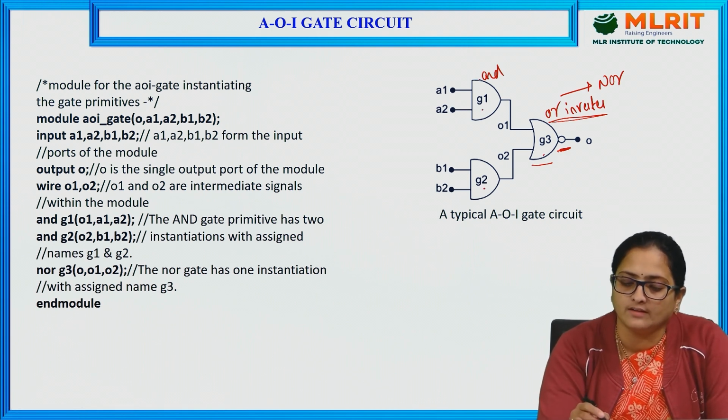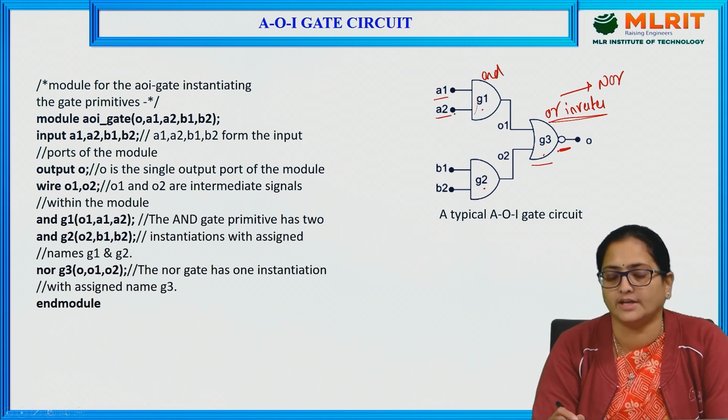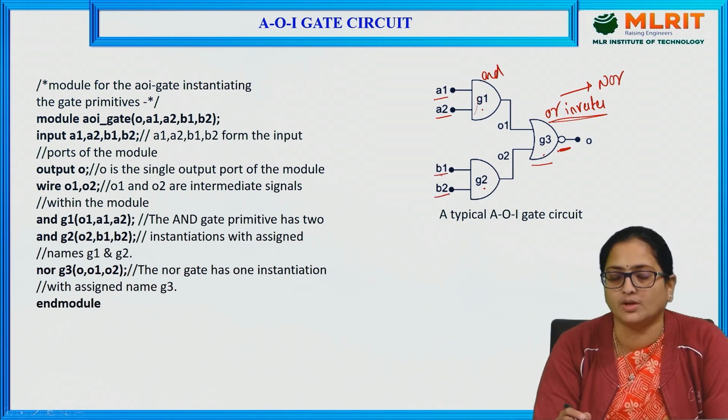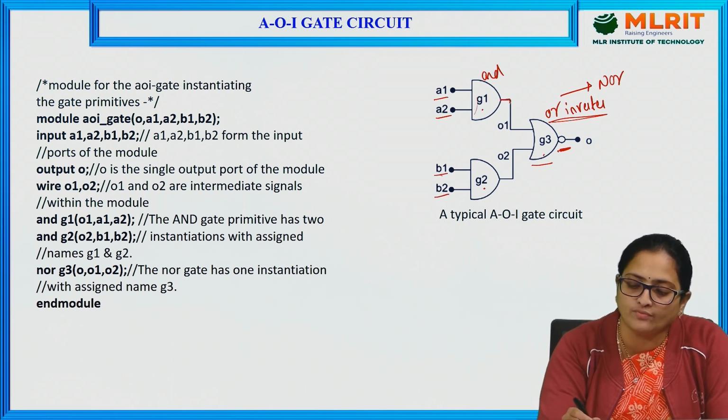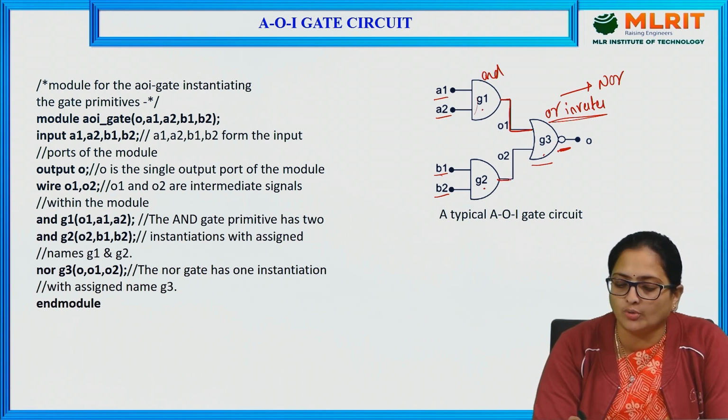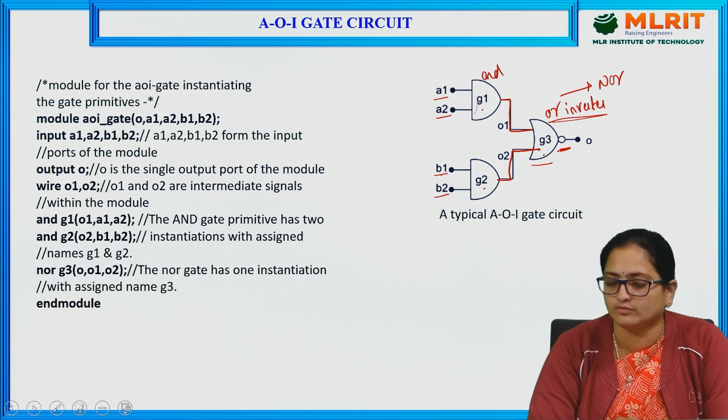See here, this AND gate has two inputs A1 and A2, and this AND gate has two inputs B1 and B2. The output of this AND gate is connected to the NOR gate, and the output of AND gate G2 is connected to the input of the NOR gate.